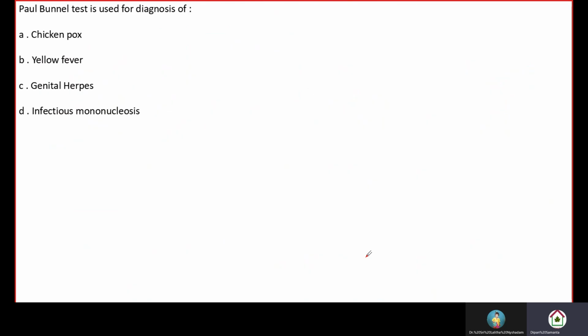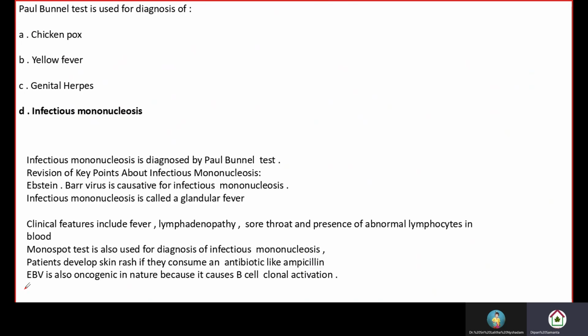Okay. Next question. Paul-Bunnell test is used for the diagnosis of chickenpox, yellow fever, genital herpes, infectious mononucleosis. And the answer is infectious mononucleosis. Revision: first of all, EBV or Epstein-Barr virus is the cause of infectious mononucleosis.